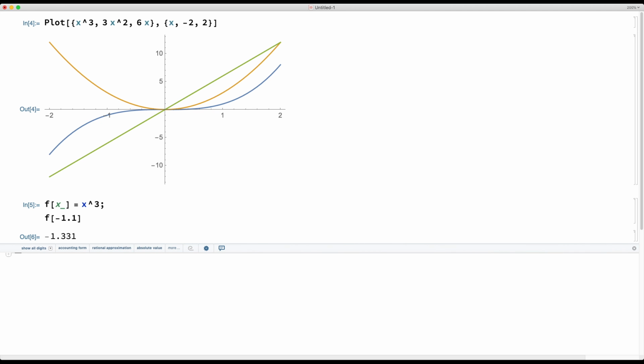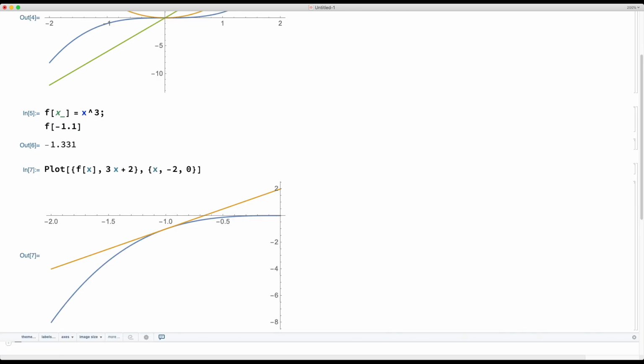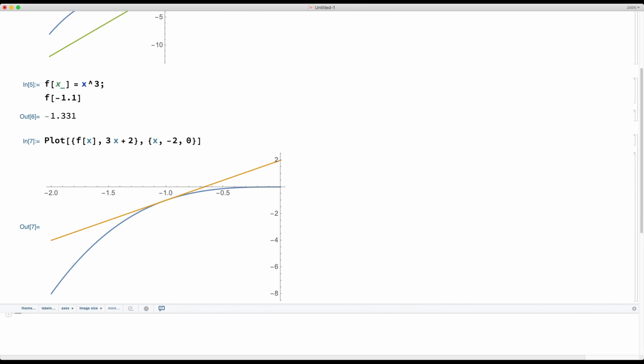Use the tangent line. Okay, so let me go back and regraph the function and the tangent line. Here I'm going to plot it on negative 2 to 0 so that I've got negative 1, the point of interest, sort of right in the middle.